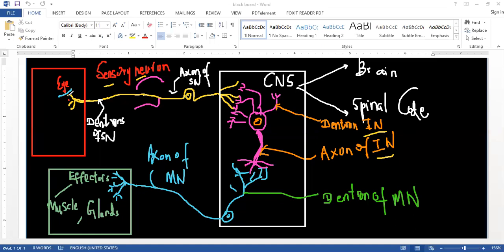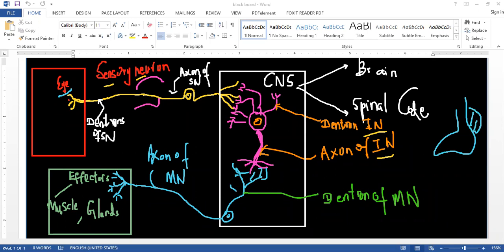The image falls on the retina, then the impulse is passing through this center, and it goes to the muscle. The legs contain skeletal muscle. So the message is passing.